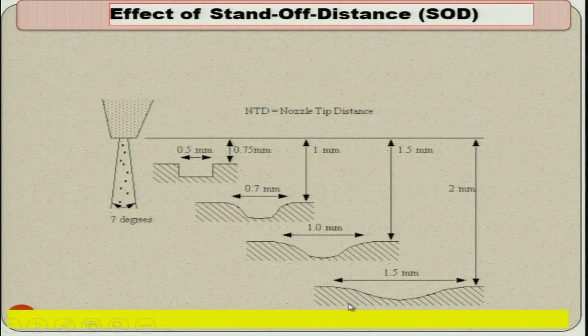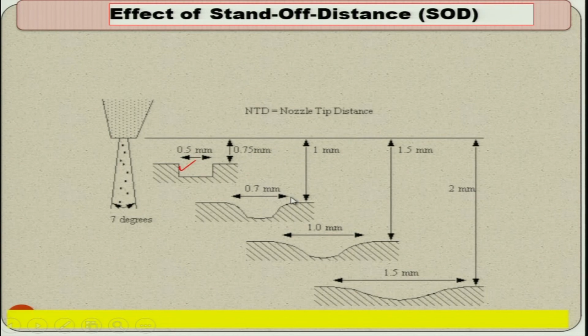Now, as I was telling you earlier, stand-off distance, or nozzle tip distance, is very important, and it is going to govern the quality of the features being produced by abrasive jet micromachining. You can see here that as the stand-off distance increases, flaring increases. It is very good at low stand-off distance. If it is 0.75 millimeter, then the cavity obtained is very close to what you really want, because the nozzle tip distance is very small.